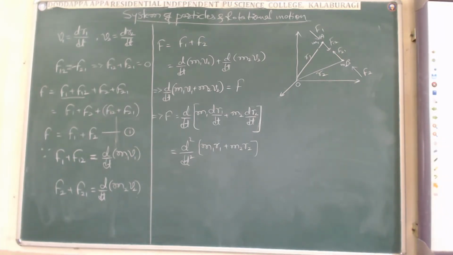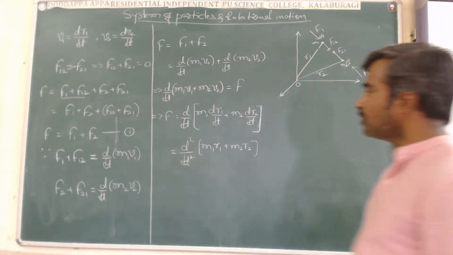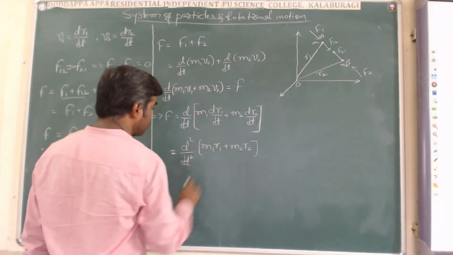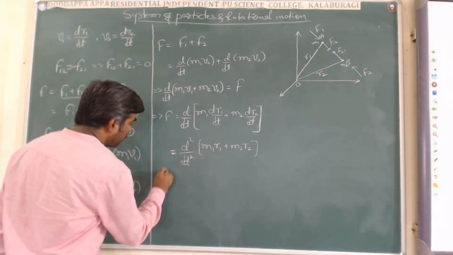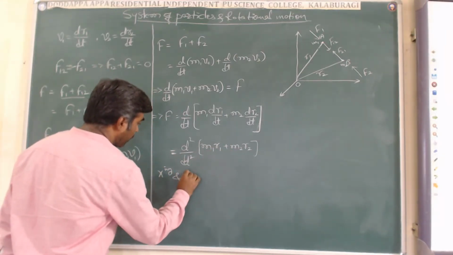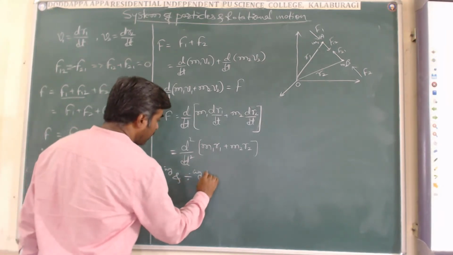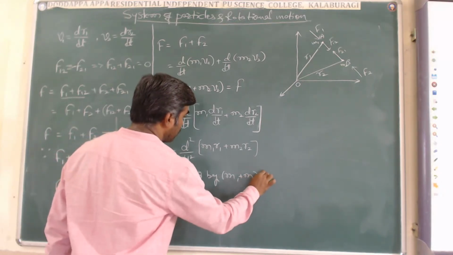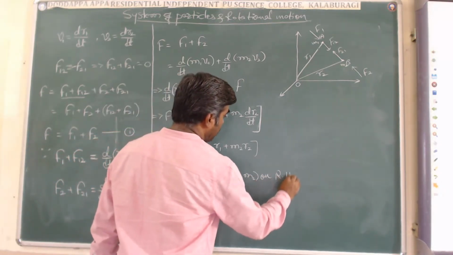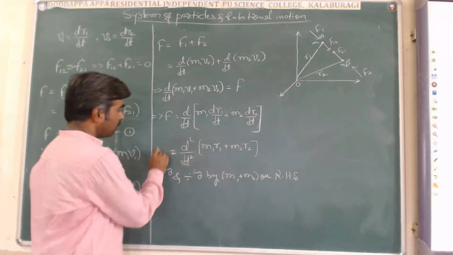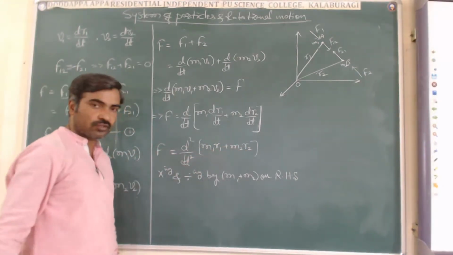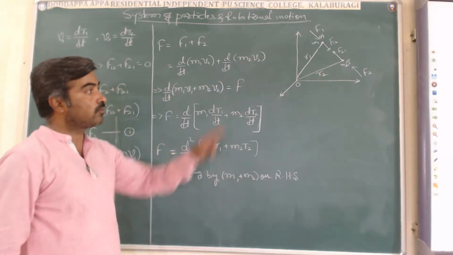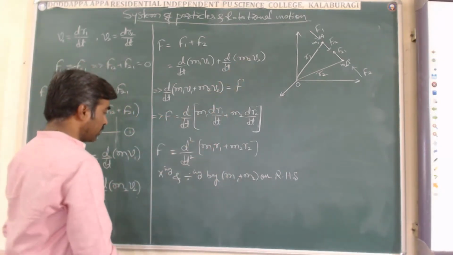Okay. So for this, now let us consider multiplying and dividing by m1 plus m2 on the RHS. Here we have force on the RHS. We should multiply and divide by m1 plus m2, that is the total mass of the two particles.